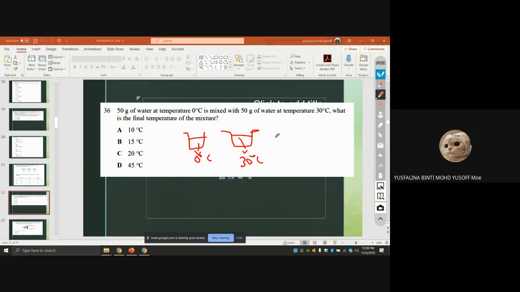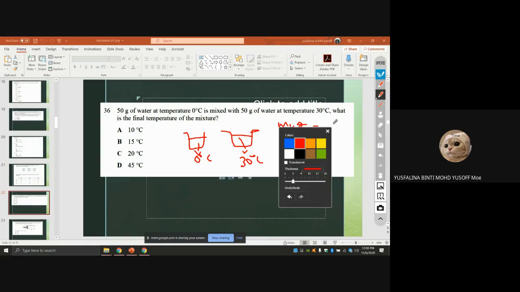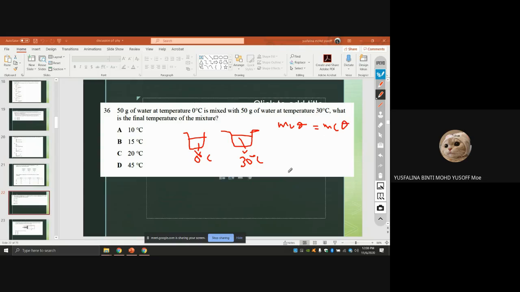So we assume the heat absorbed by the water is equal to the heat released by the water. So mc theta equals mc theta. Which one will absorb and which one will release? This one will absorb because it is the lower temperature.